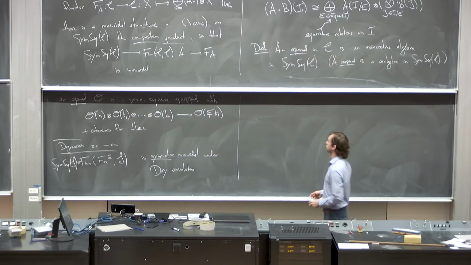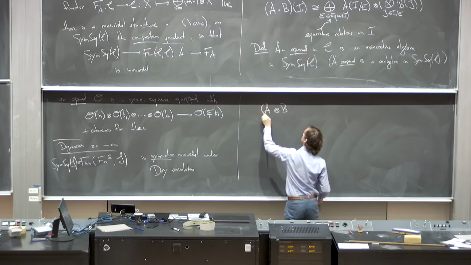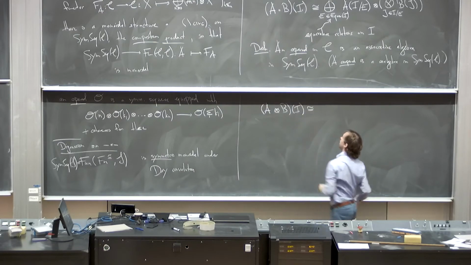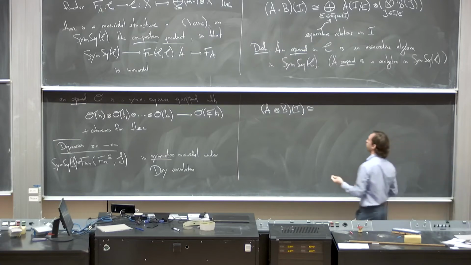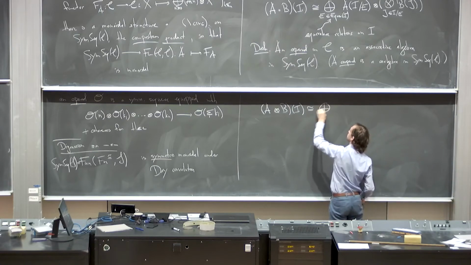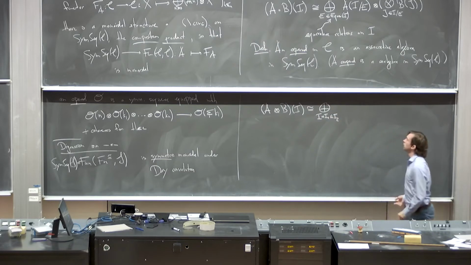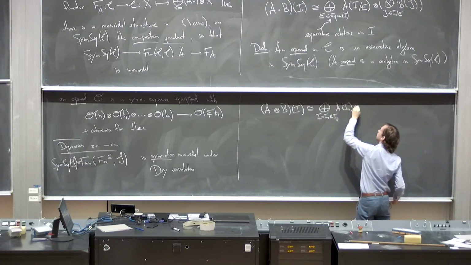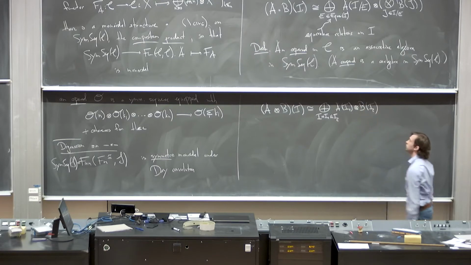Well, it's essentially the thing that if you had two symmetric sequences A and B evaluated on a finite set I, it would just be the sum over all the ways of decomposing I into two subsets I1 and I2, and then you take A of I1 tensor B of I2. Okay, so that's the Day convolution product on this category.